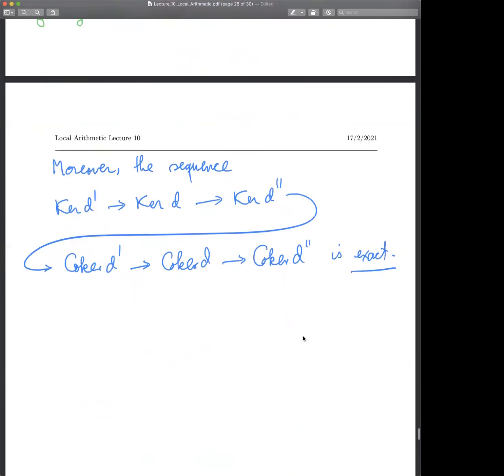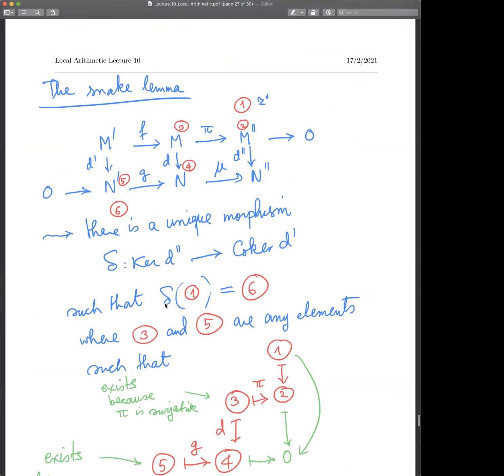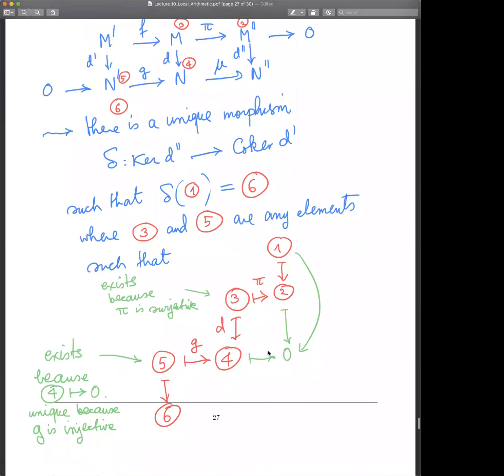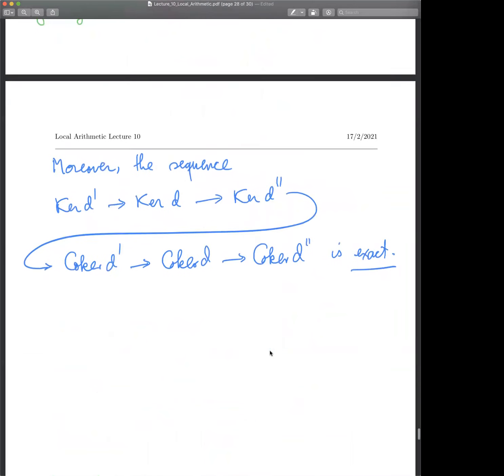So the real content of the snake lemma is that this diagram, from the kernel of D prime to the kernel of D to the kernel of D double prime, and delta, this is the snake-like map, which is called delta. It's sometimes called the connecting homomorphism, or liaison is also the term which is used sometimes.